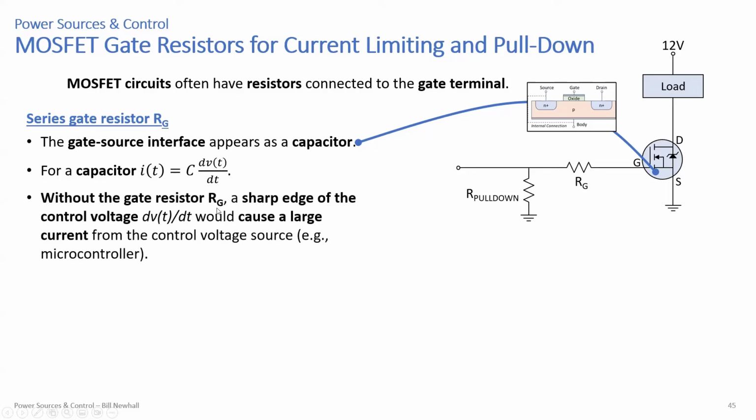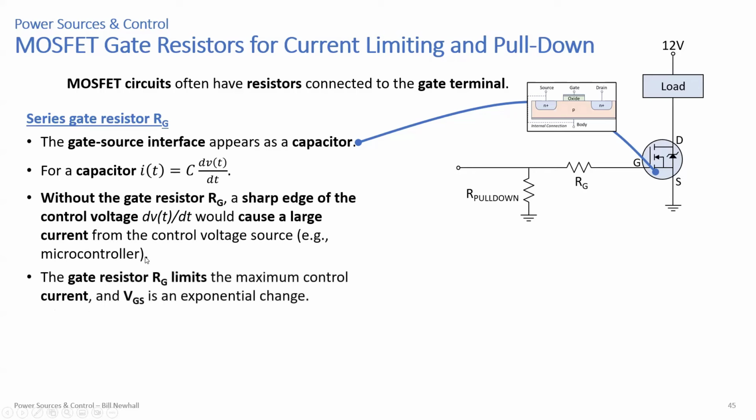Okay, so without the gate resistor, you could have a sharp edge of the control voltage, like that which comes out of your microcontroller, some kind of sharp square wave. So you could have this sharp edge, this very steep slope dV/dt, and that would cause a large, very short duration current from the control voltage source, like a microcontroller or other digital integrated circuit.